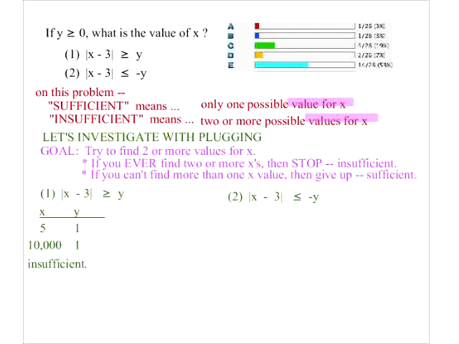Text box, please. Some of you are giving me 3 and 0, because that works, right? That works because absolute value of 3 minus 3 is less than or equal to 0.